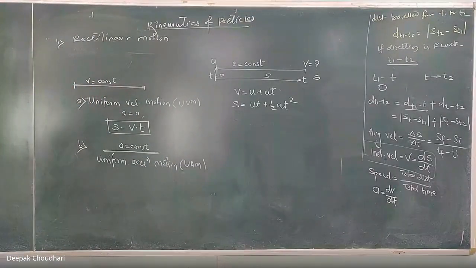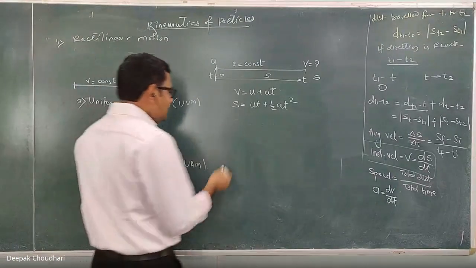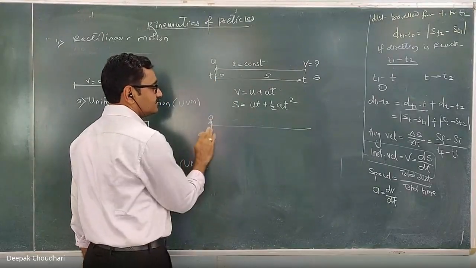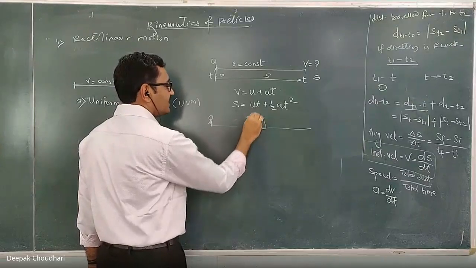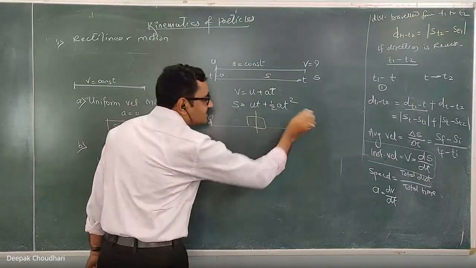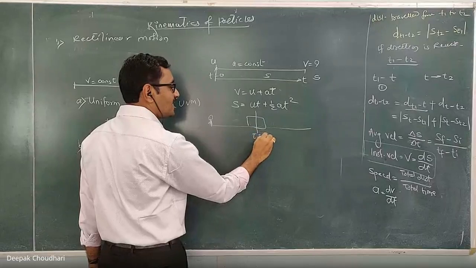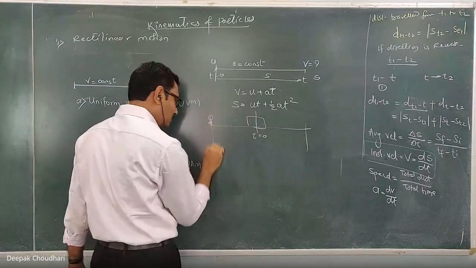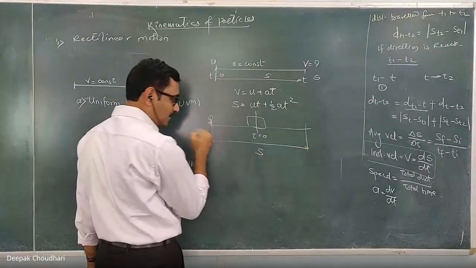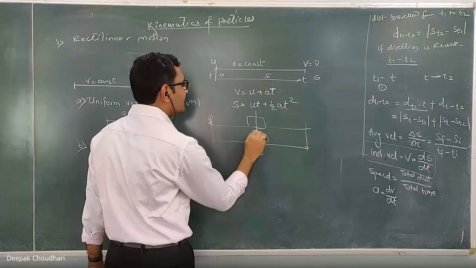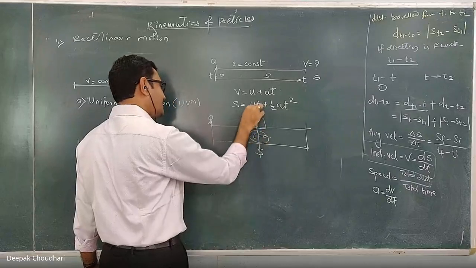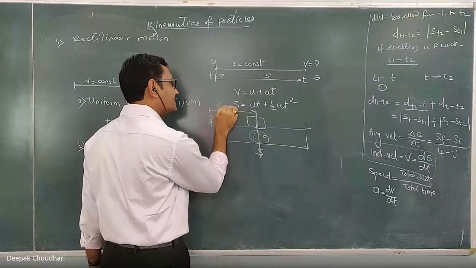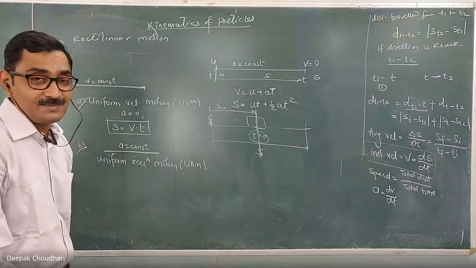Suppose one person is standing here, and one car is here; this is the position of the car at t equal to 0, and the car starts from here. When I study the displacement with respect to this person, then I have to consider that initial displacement also. That initial displacement is the displacement of the particle at t equal to 0, denoted by S0. S0 is the initial displacement.